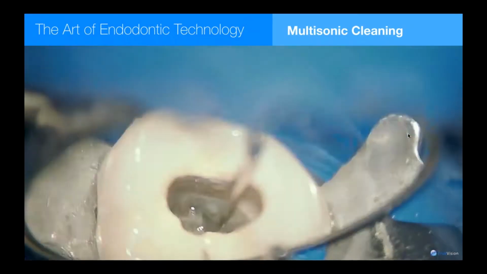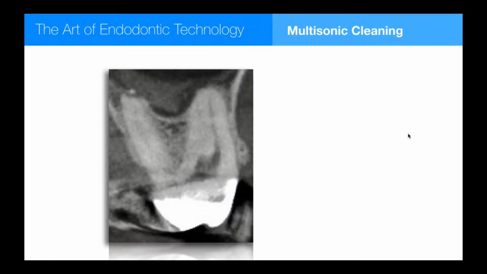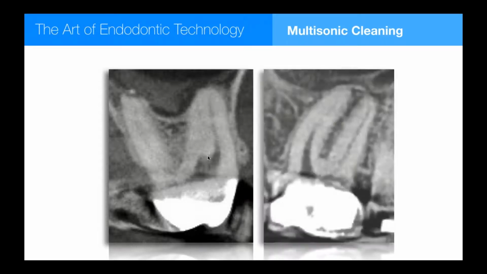But I was told early on that gentle wave cleaning can actually help you find canals. And so this was the second case I did, and it was proof of that statement. Here's a CT view. I took a CT in the middle of the procedure. You can see my drilling is exactly on. And from this view, again, exactly on.